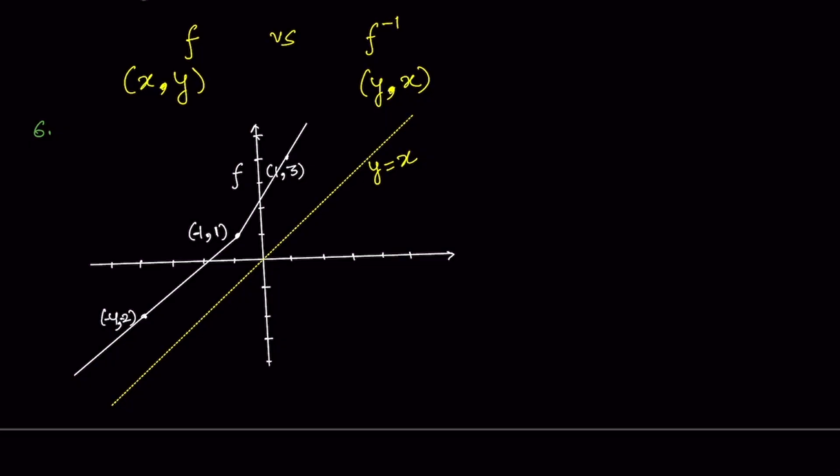So for point (-1, 1), the corresponding point on the graph of f inverse will be (1, -1). Corresponding to (1, 3), we will have (3, 1). Corresponding to (-4, -2), the point will be (-2, -4). And we will join them with the same shape. So this now is our graph for f inverse.